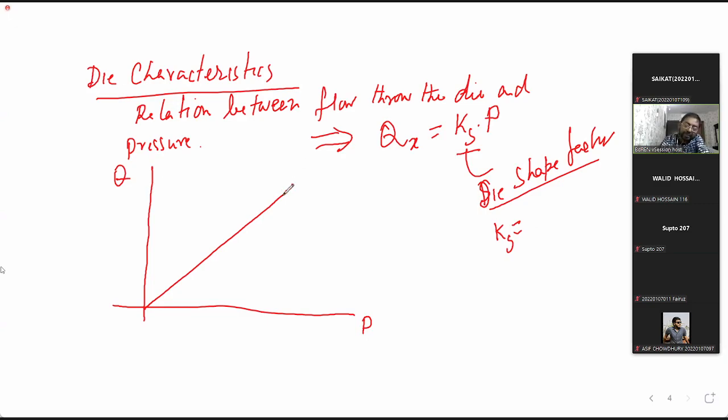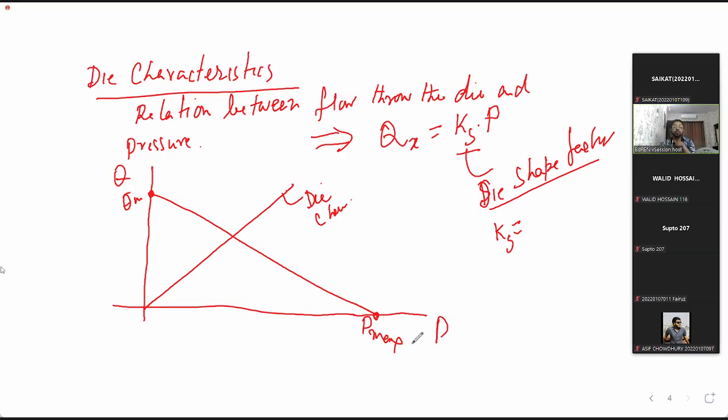Now, generally, see, it is our die characteristics, and here is the Q maximum, and it is our extruder characteristic. So what will be the operating flow?